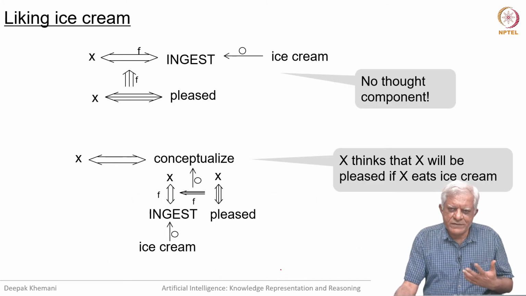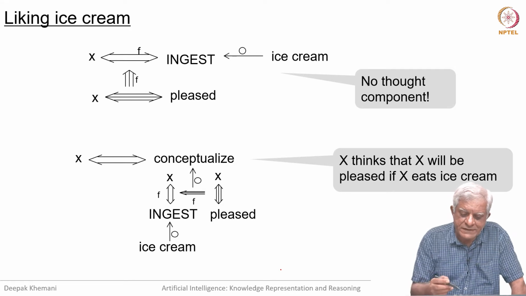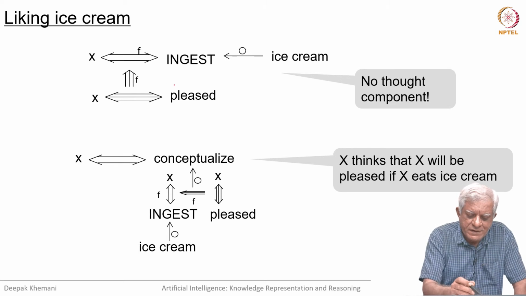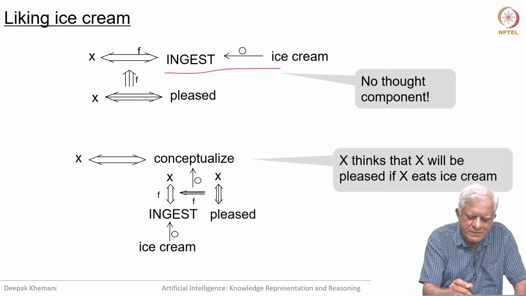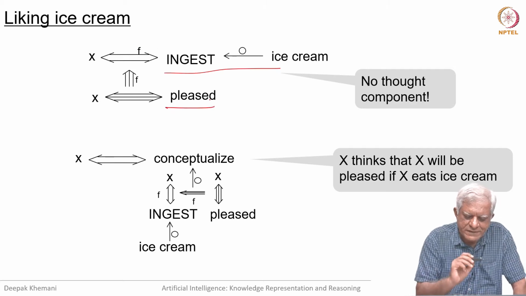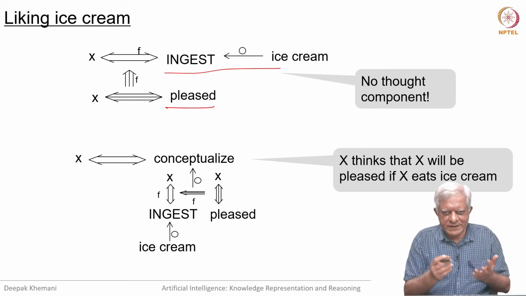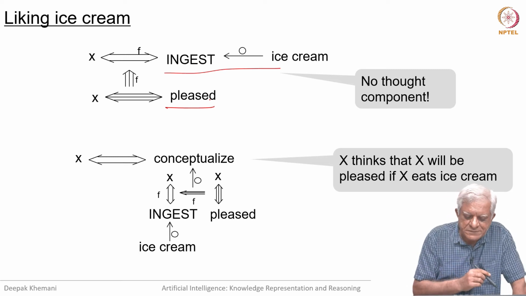So, liking, we said earlier, I like books. Very often we can represent this in two different ways. One is that if in the future I were to ingest ice cream, then in the future I would be pleased. That is just representing the fact that whenever I eat ice cream, I feel happy.